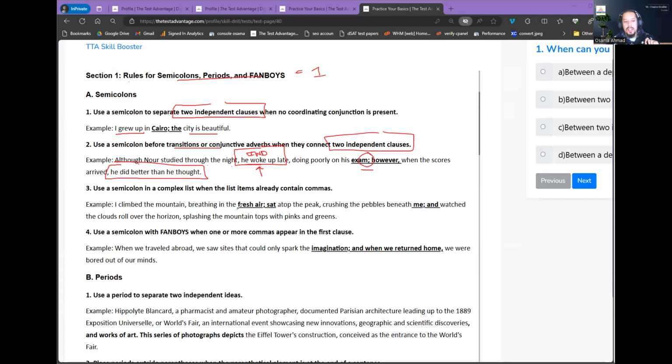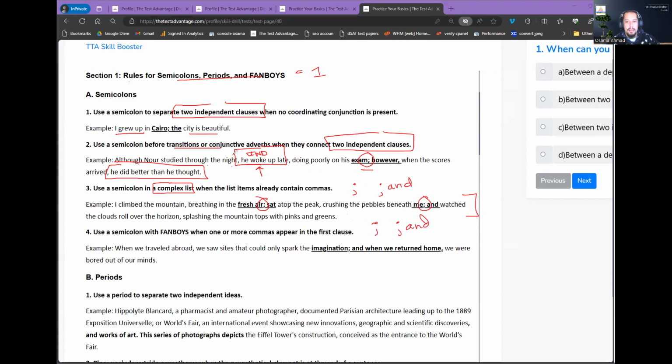Number three, use a semicolon in a complex list, where the list already has commas. I climbed the mountain, breathing the fresh air; sat atop the peak, crushing the pebbles beneath me; and. So here you see a semicolon and structure.